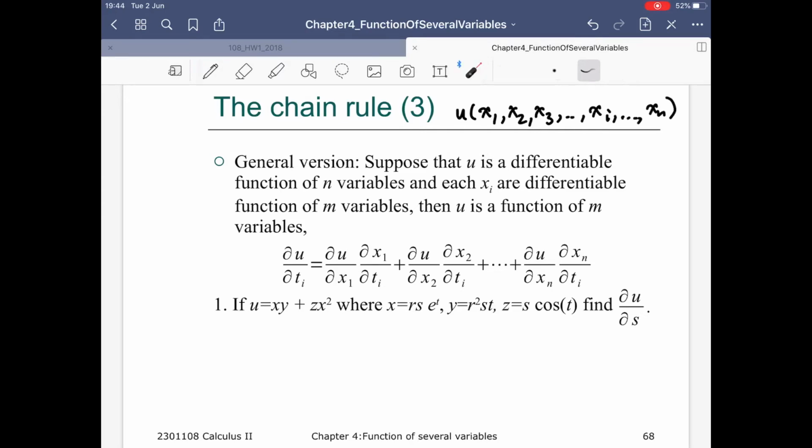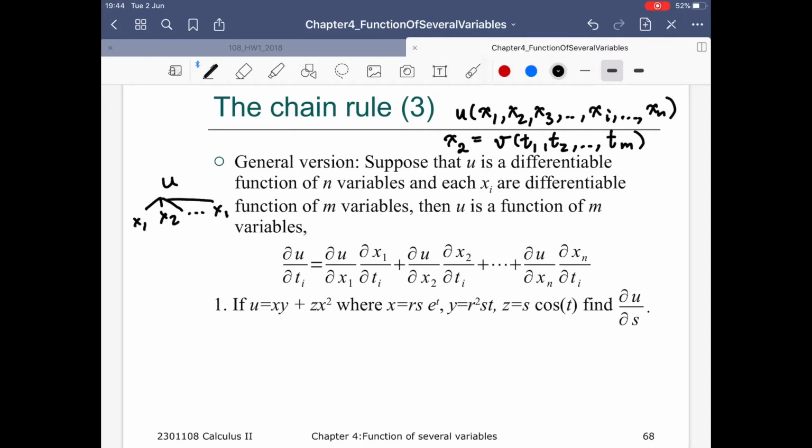And then each of the xi is a function of another m variables. So it means that, for example, your x2 is a function of t1, t2, etc. to tm. So if you want to draw a diagram, then your u depends on x1, x2, etc. to xn, and your x1 depends on t1, t2, etc. to tm.